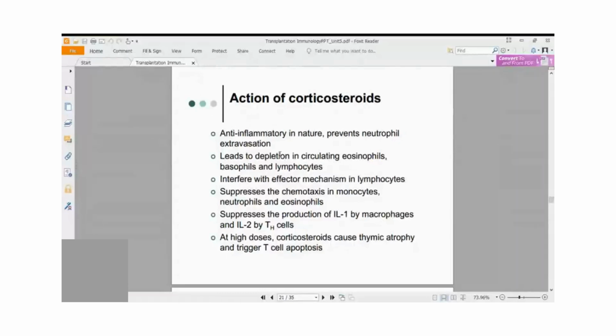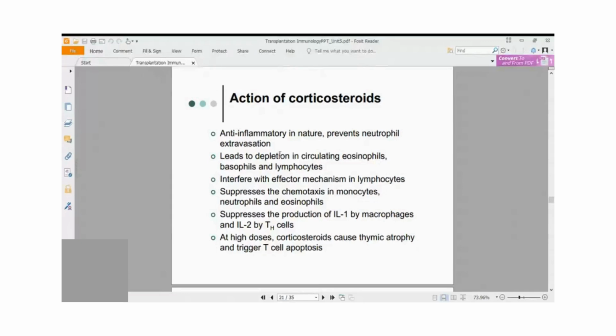Then come the other mechanisms, like the basophils and eosinophils, which are responsible for the release of certain cytokines, and they are also prevented from release of the cytokines. The first cells to arrive at the inflammation are the neutrophils, which I have explained in the innate immune response. And how do they arrive there?